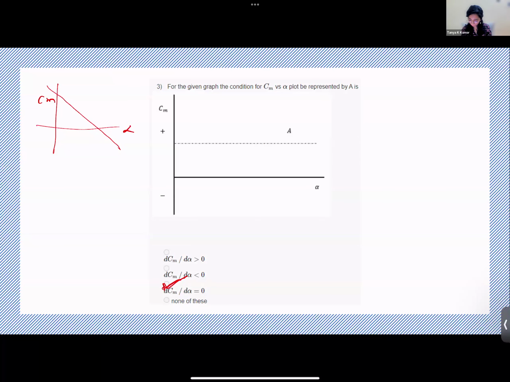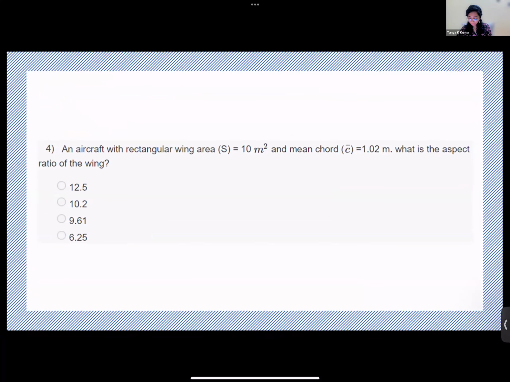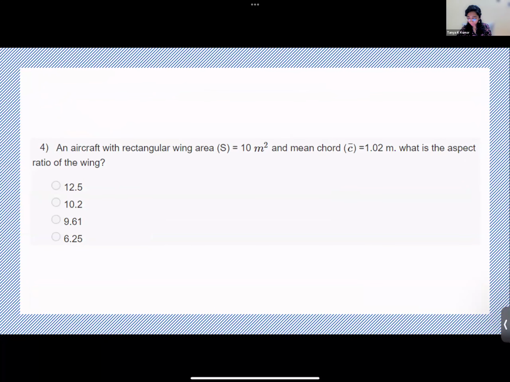Okay. Let's move on. An aircraft with a rectangular wing of area 10 meter square and mean chord 1.02 meter. What is the aspect ratio? This again is fairly simple. You should be able to do it.